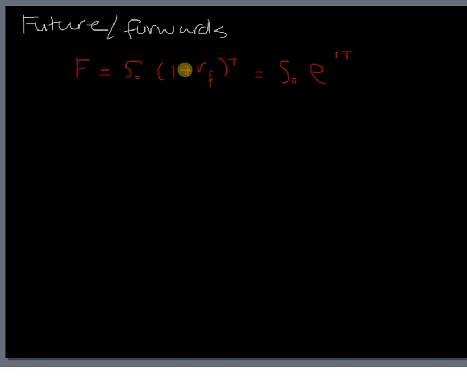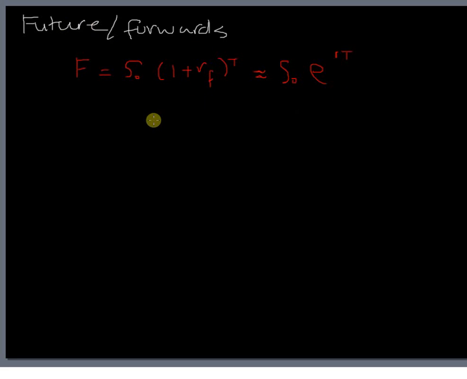Okay, so they are very much the same, because when the interest rate is low, these two will work out to be very much the same. Okay, so let me show you why this is the case and why this formula is as such.